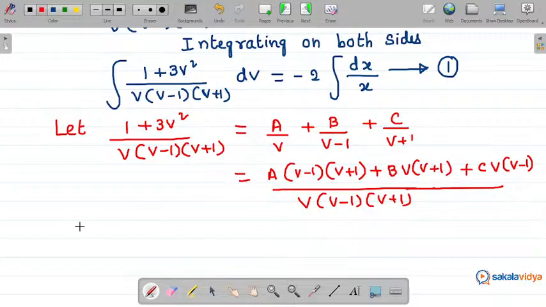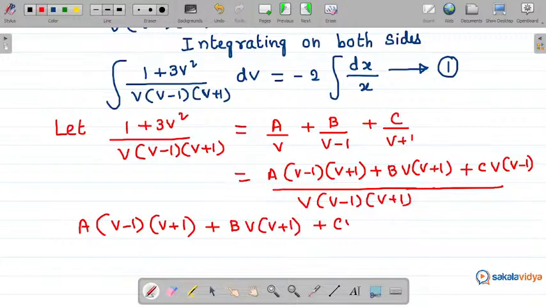A into v minus 1 v plus 1, plus B into v plus 1, plus C into v minus 1 is equal to 1 plus 3v square. Now we need to find the undetermined coefficients. Capital A, capital B, capital C are called coefficients, and we need to determine their values.